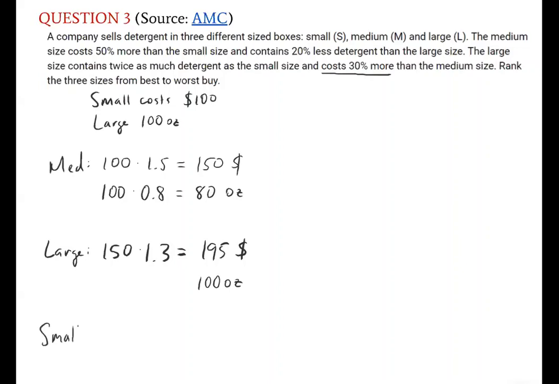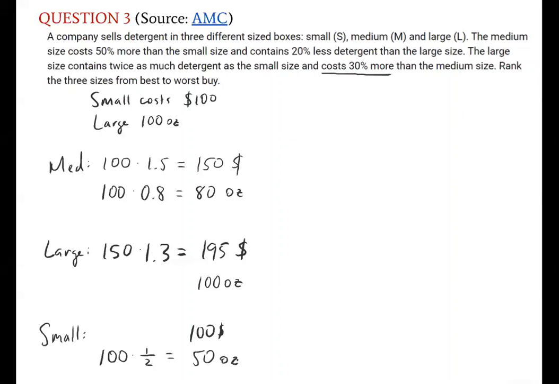So then for the small, we already know that it is $100, and it says that the large has twice as much detergent as the small, so that means the small only has half of the large, which is 50 ounces.